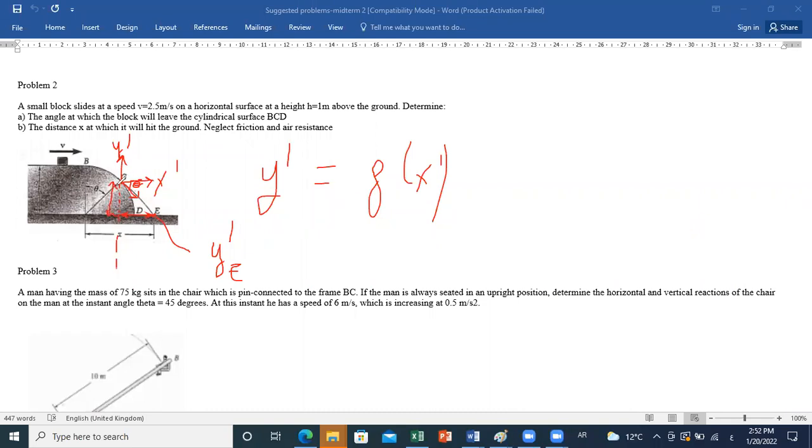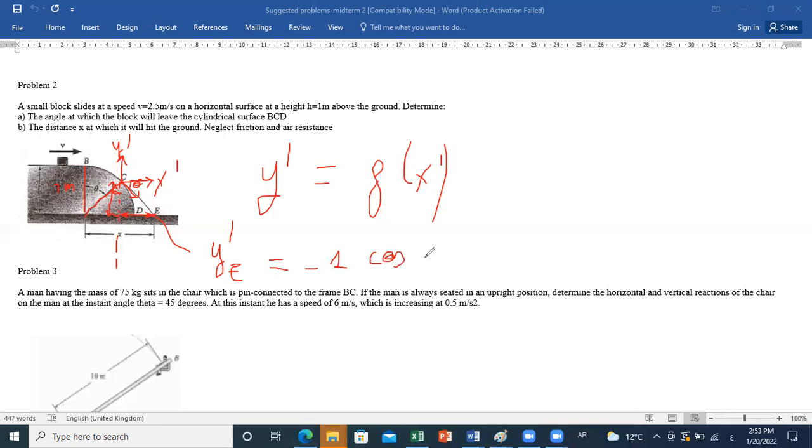Look, I know the radius. The radius at this location is 1 meter. Okay. 1 minus cosine theta. You have that, yes, 1 times cosine theta, because the angle here is theta. So y prime E is equal to minus 1 cosine of theta. Okay.